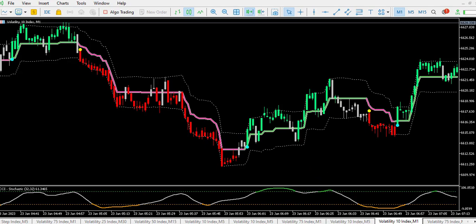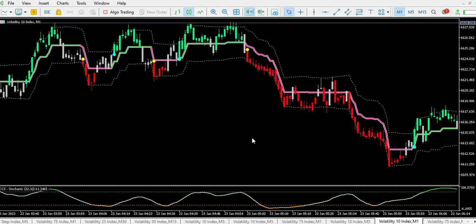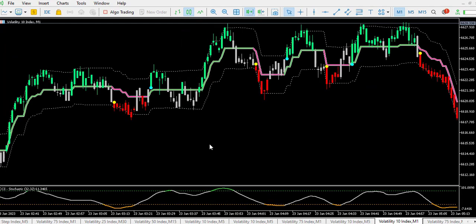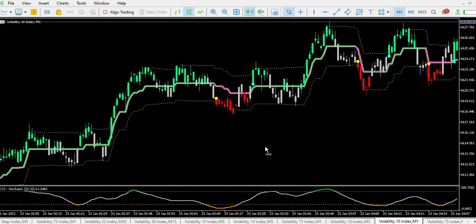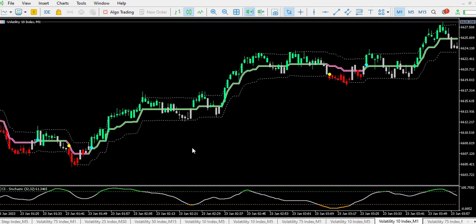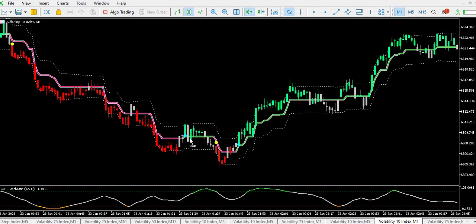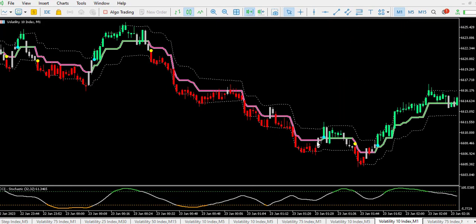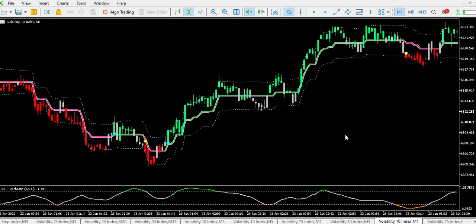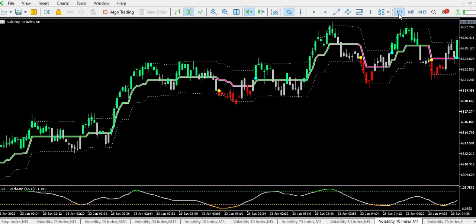And let's move back a bit and see how this plays out. This is it on the 1 minute time frame, and this gives us a good profit also, using only 1 minute without considering higher time frame.